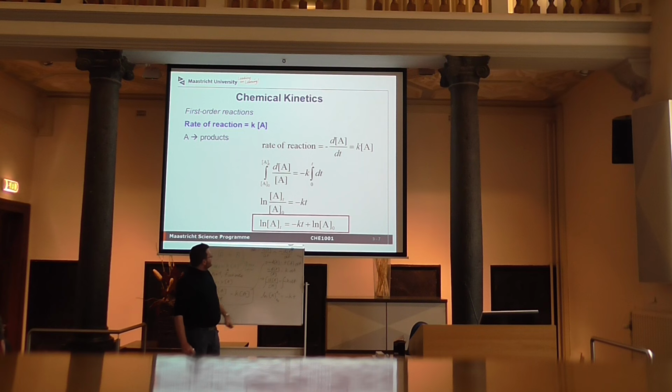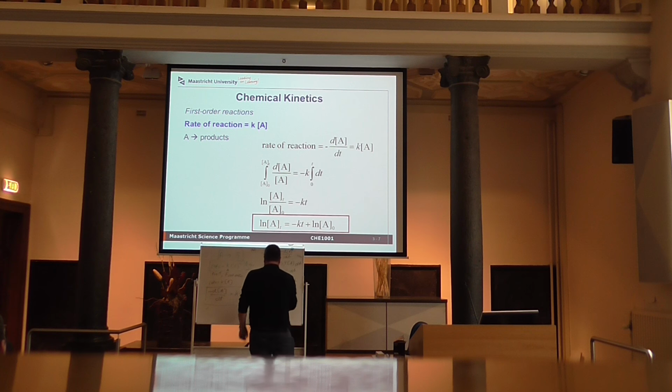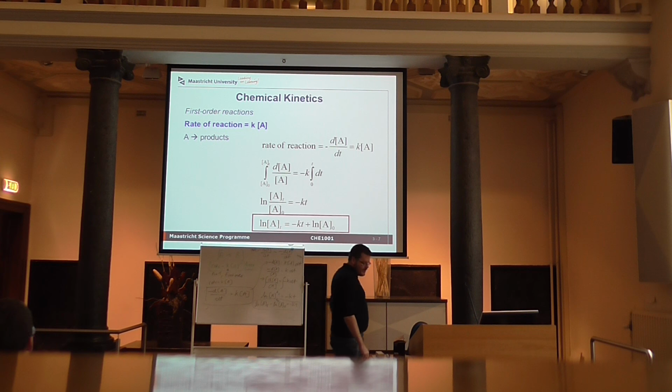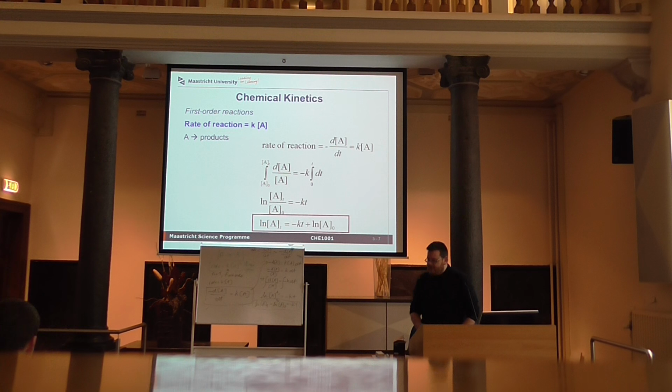Now I'll substitute the limits of the integral into this antiderivative, and I get ln of a_t minus ln of a_0 equals minus kt, and I can rearrange that to get what I have on the right-hand side. That would be the integrated rate law for a first order reaction.